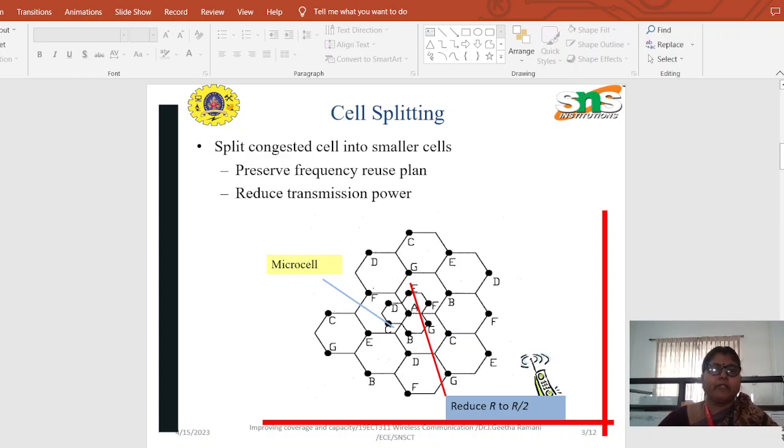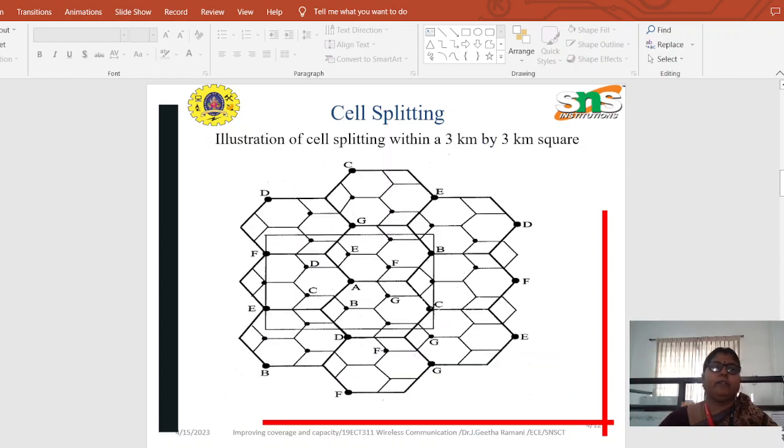With higher power, you have to go for higher end devices, and your antenna factor also gets varied. That will increase the cost of the entire system. So we are splitting the congested cell into smaller cells by preserving the frequency reuse and also reducing the transmission power.